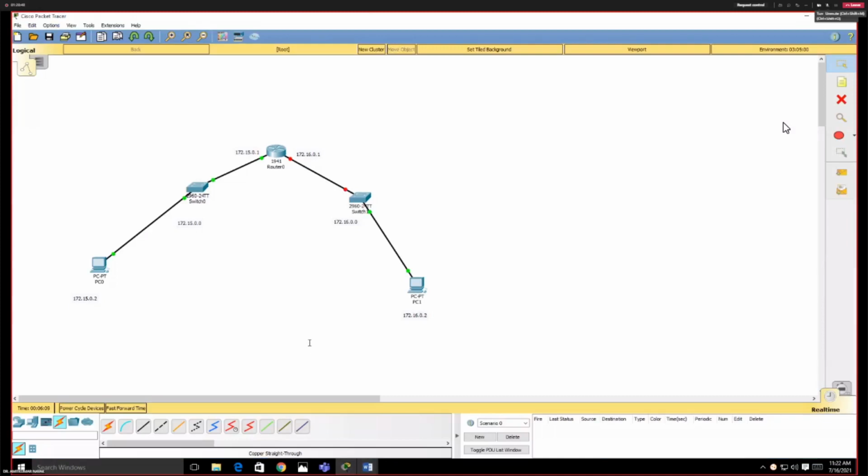Any question, any query you have in the topology available on your screen, you can ask me.